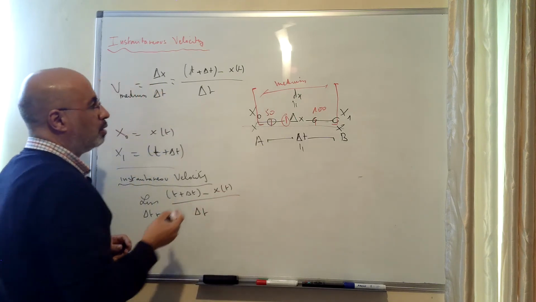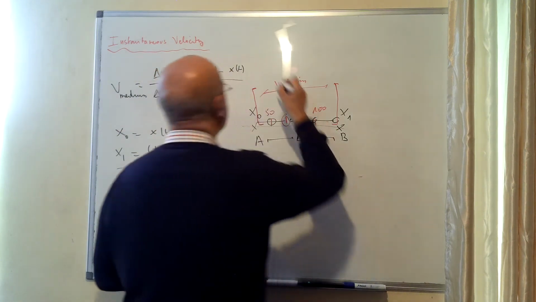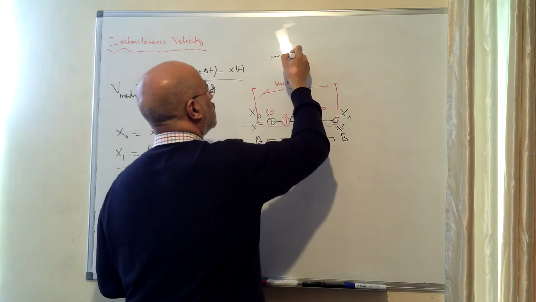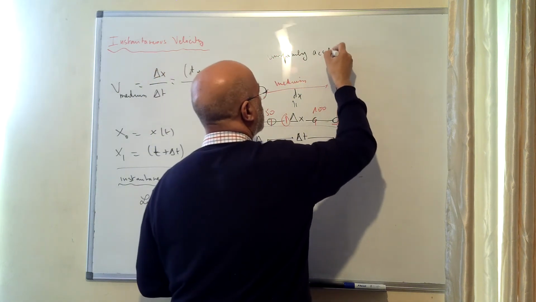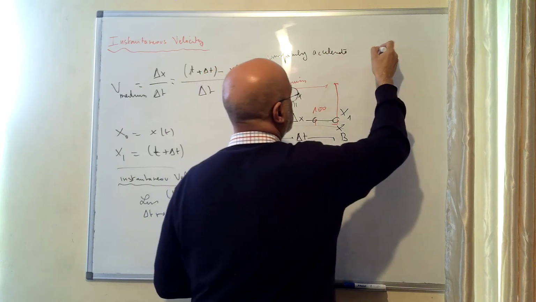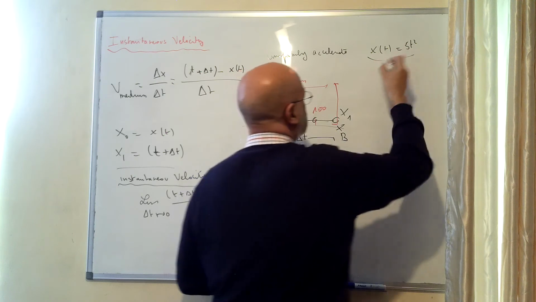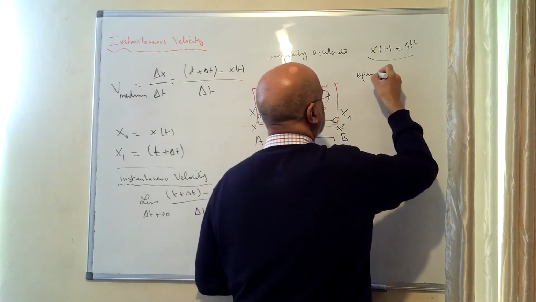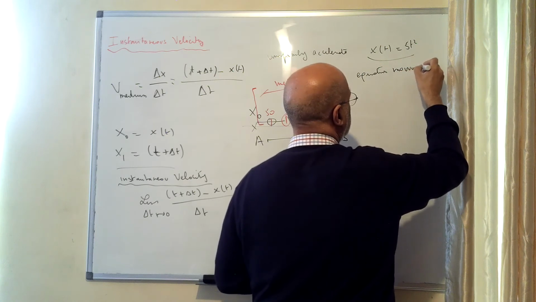Now, for this example, I'm going to use a uniformly accelerated movement. Then we use the function x(t) equal 5t squared. This is the equation of movement.